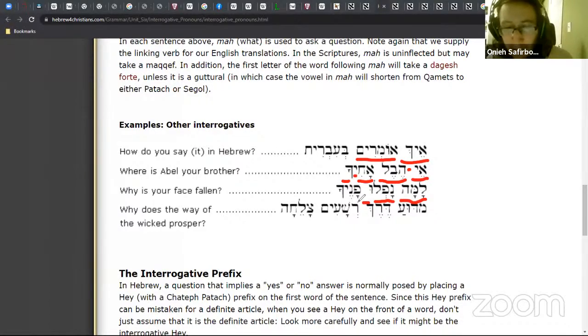In Hebrew, faces is plural: penaim or penim. So why fallen they, the faces of yours? Why fallen they, faces of yours? Is what you're actually saying in Hebrew. Why is your face fallen?